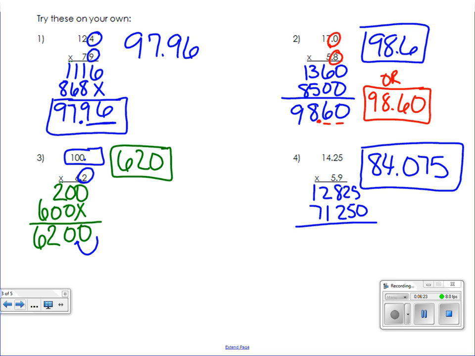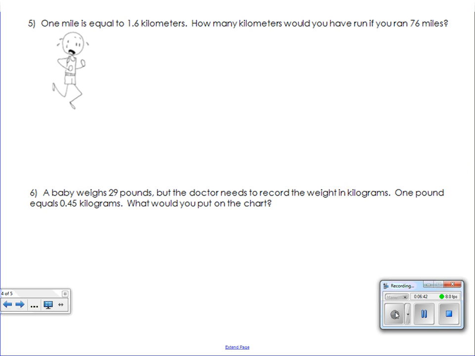When you add it up, you get 84075. Count my decimals. There's 2 here. There's 1 here. A total of 3. So 1, 2, 3. 84.075.